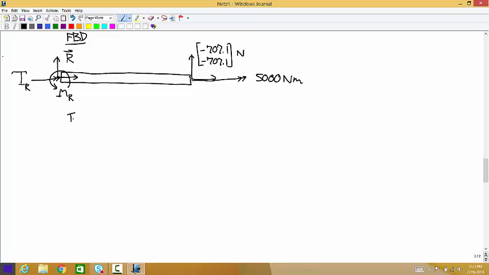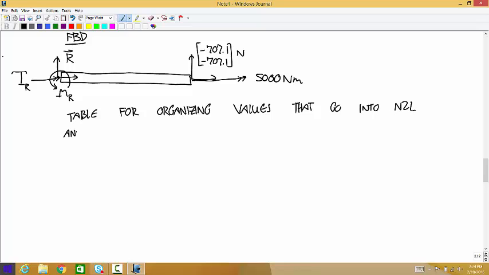Okay, so this is a table for organizing your values that go into Newton's second law and the moment equation, the rotational version of Newton's second law.